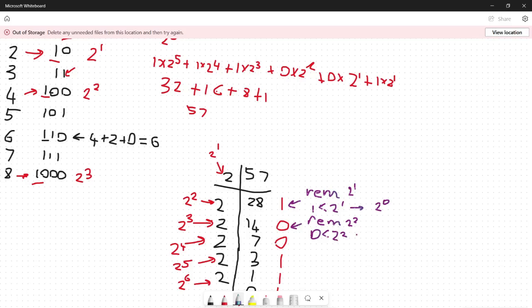But it also can't be 2 to the 0 because that's this number. So what this essentially means is that this 0 will represent 2 to the power of 1.